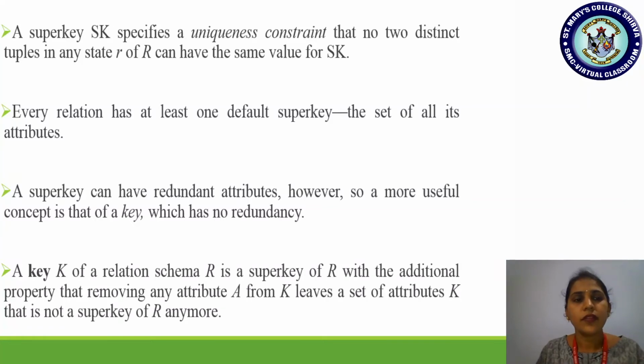Now, a super key. Just now I used the term SK, right? It is actually a short form, and we refer to it as a super key. A super key SK specifies a uniqueness constraint that no two distinct tuples in any state R of a relation can have the same value for the super key. So at any point of time, no two tuples will have the same subset of attributes.